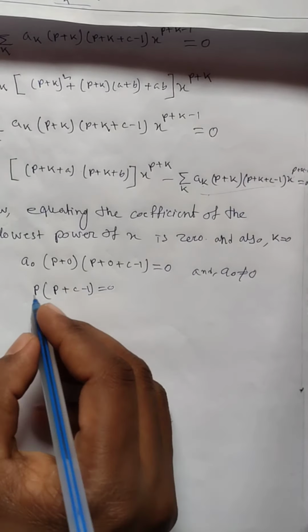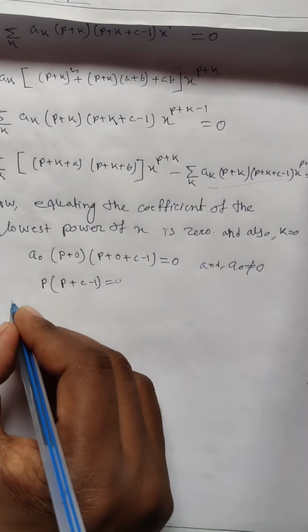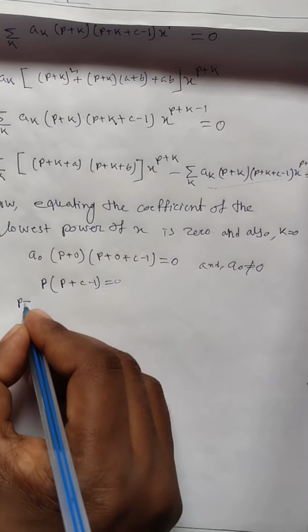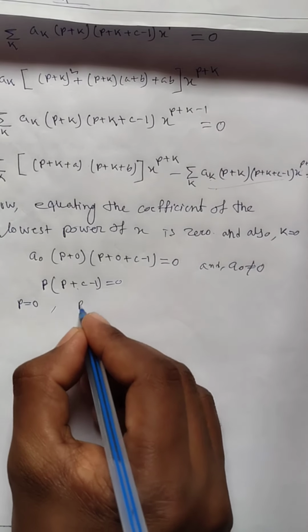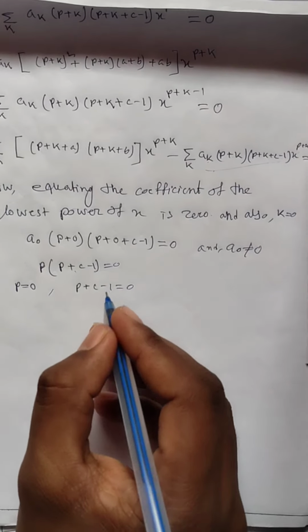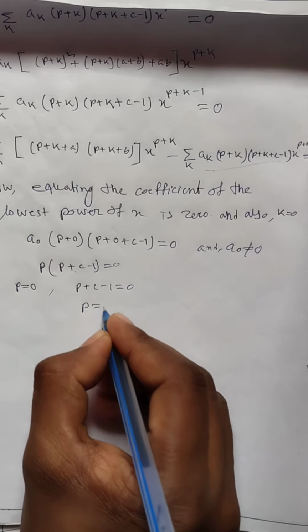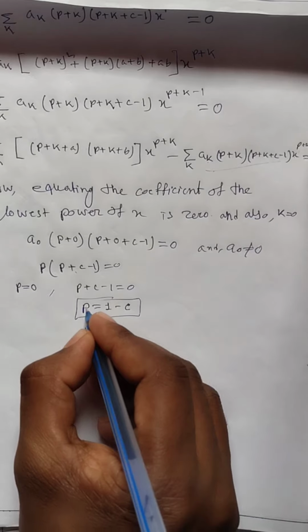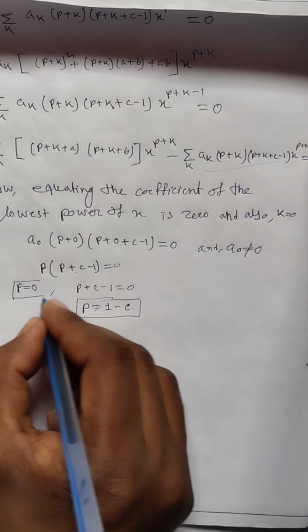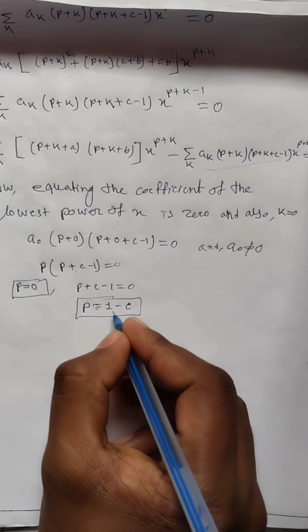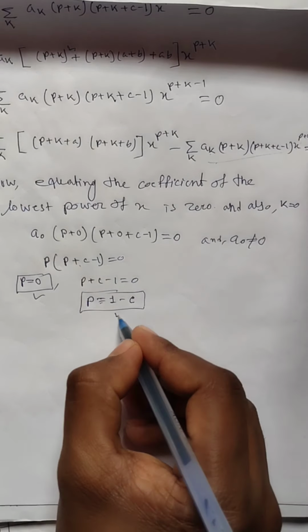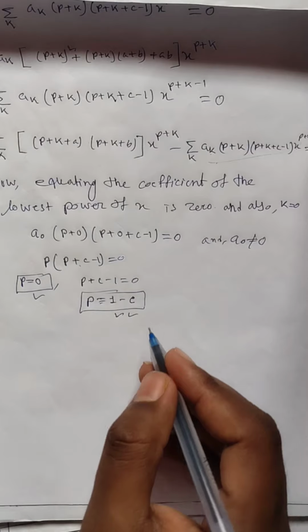Here we get two roots of p. One is p equal to 0, and p plus c minus 1 equal to 0, therefore p is equal to 1 minus c. Here we get two values of p: one is p equal to 0 and another one is 1 minus c. This value of p we need sometime after.